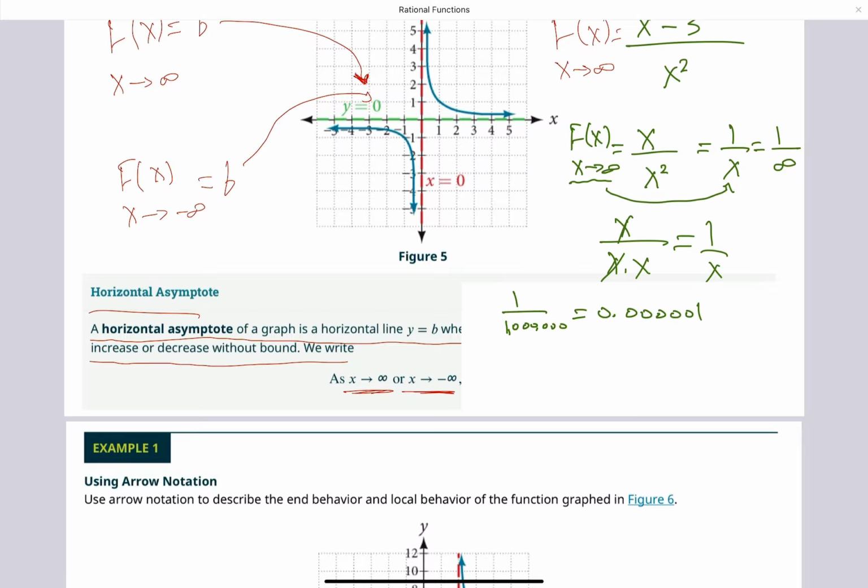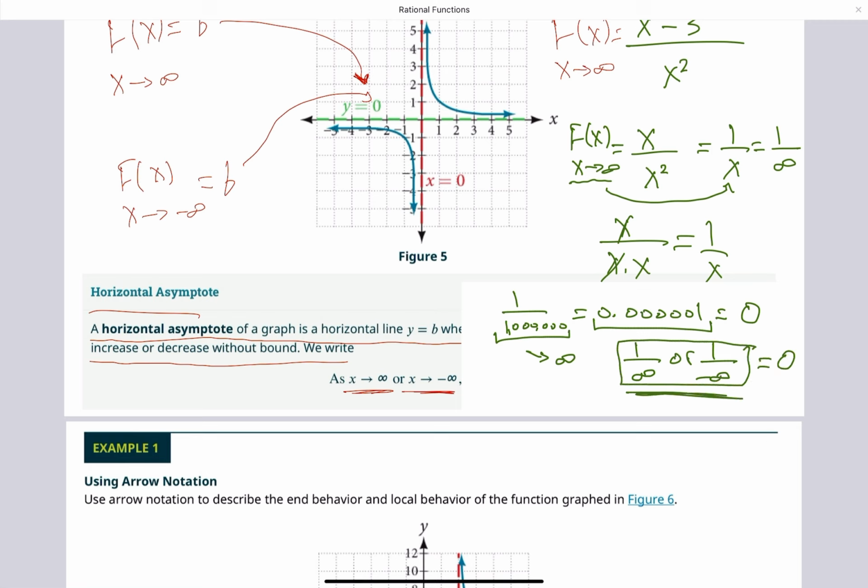And what does that tell us? It tells us as we increase this, as this approaches infinity, this number will simply be equal to 0. So always remember that 1 divided by infinity or 1 divided by negative infinity, both equal 0. This is a rule, just memorize it.